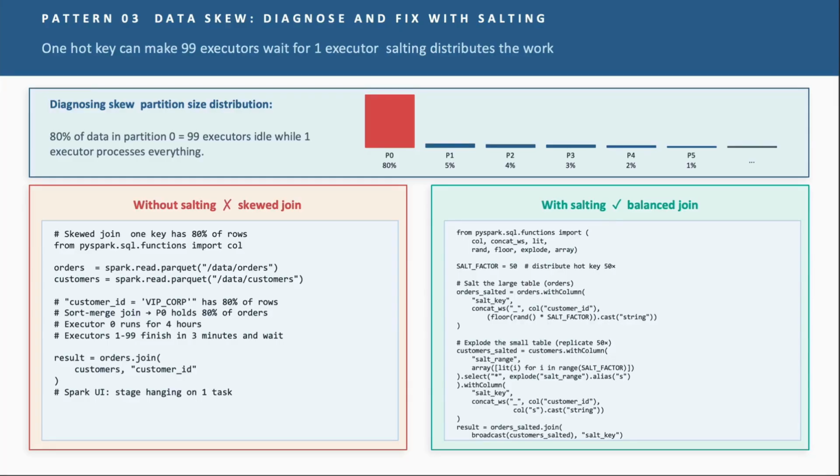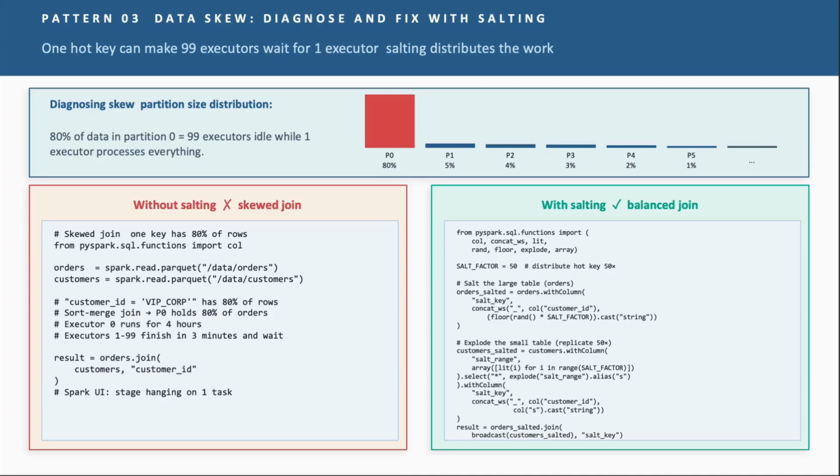When you run a group by or a join on this column, executor 0 processes 18% of the data. The other 99 executors finish their tiny partitions in 3 minutes and then sit waiting for executor 0 to finish, as we discussed within story number 3.